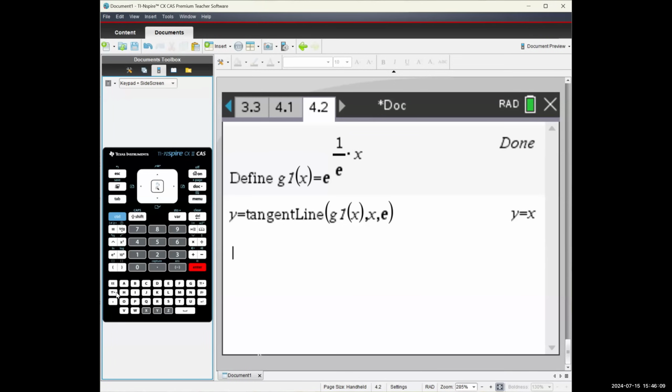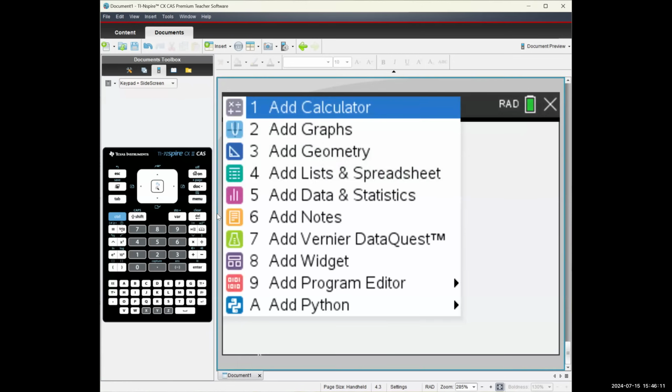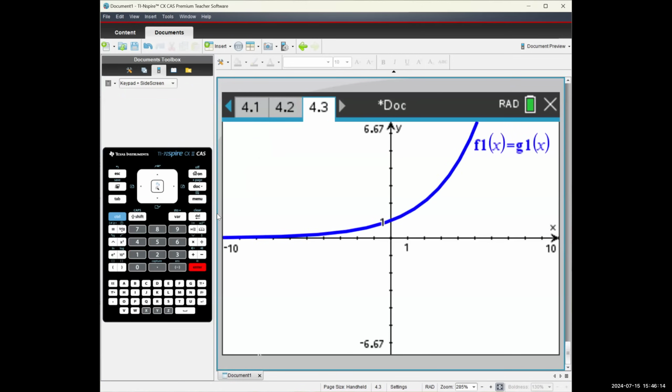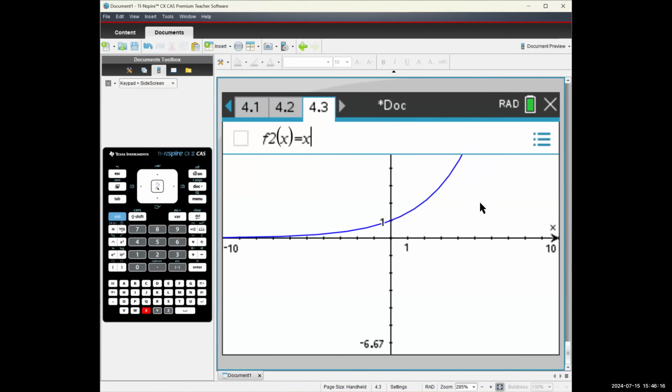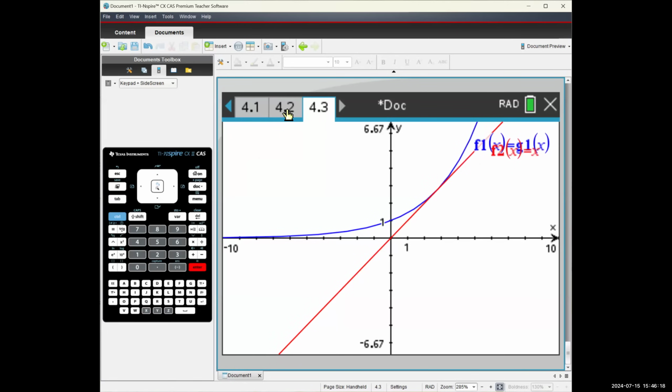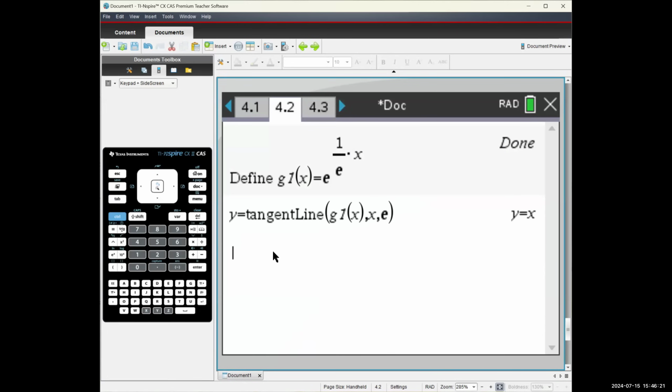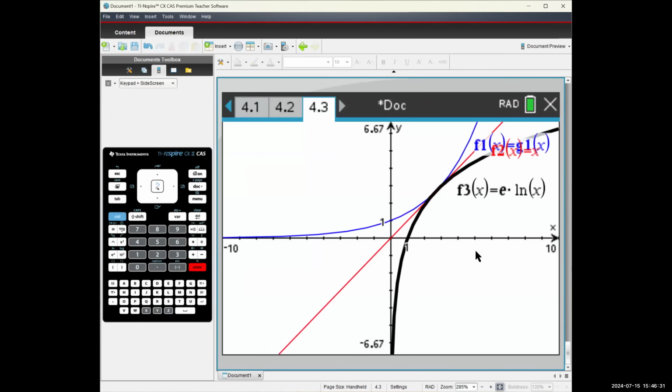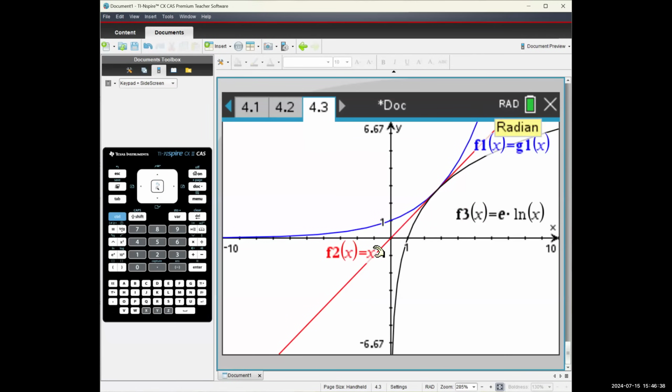If you plot the graph there, g1 of x and y equals x, you can also find the inverse function. Solve x equals g1 of y for y: e times natural log of x for x greater than 0. So these are the 3 graphs. y equals x is the reflective, symmetry axis, and then the original function and the inverse function.